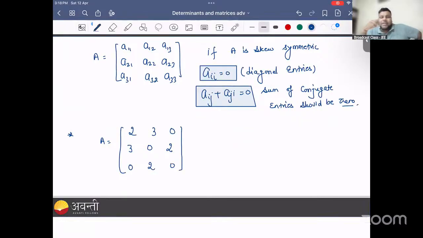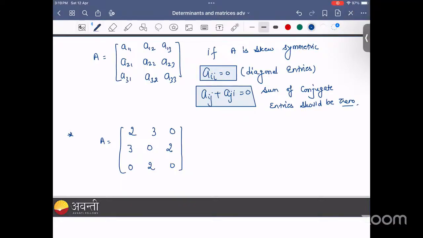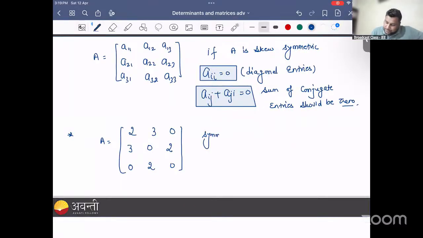Can anybody tell me what kind of matrix it is? It is symmetric, it is skew symmetric, or it is none of symmetric or skew symmetric? Yes, quickly. Symmetric. Symmetric matrix. Very good. This is a symmetric matrix.